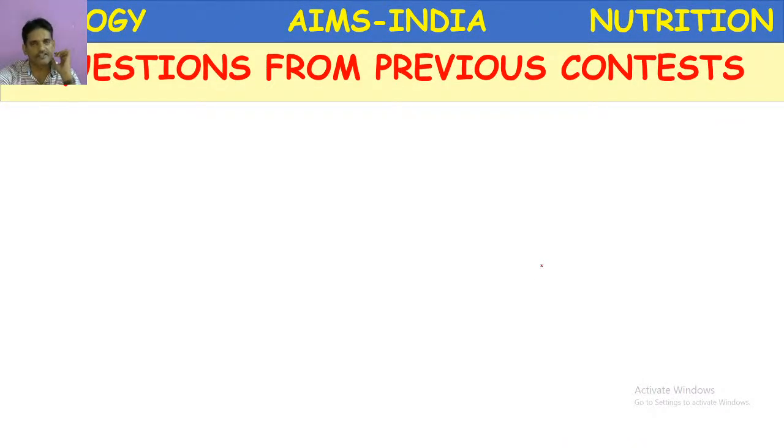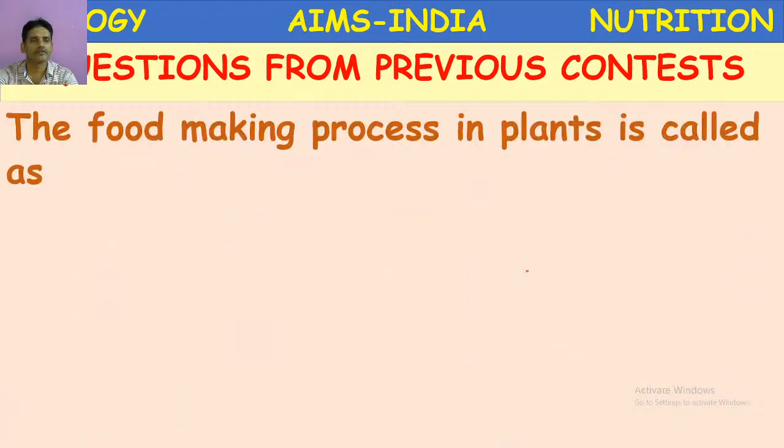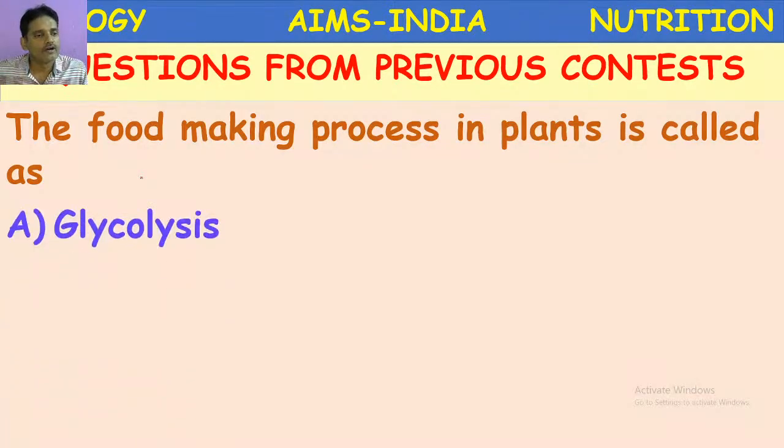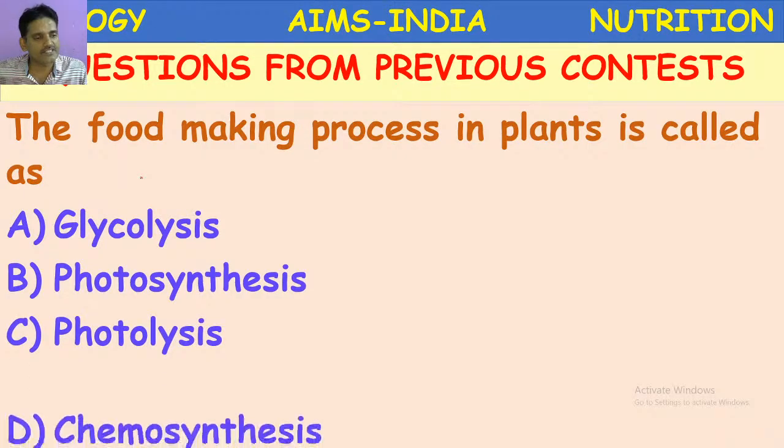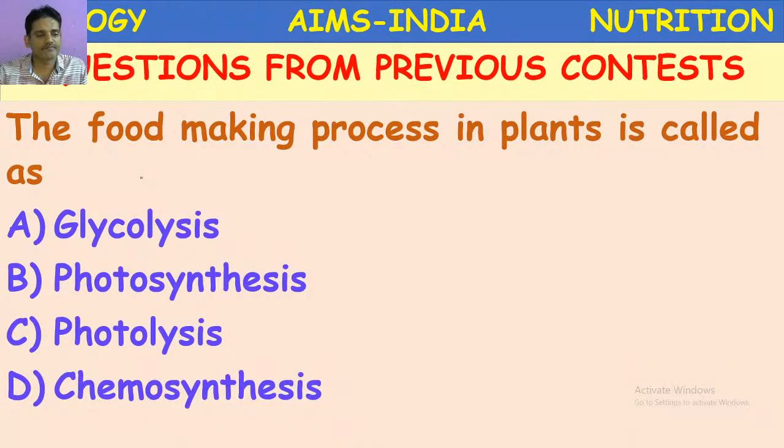Next, after the completion of this, let us see the questions appeared from this topic. Those who are in live chat, please answer the questions. The first question, the food making process in plants is called as glycolysis, photosynthesis, photolysis, chemosynthesis.